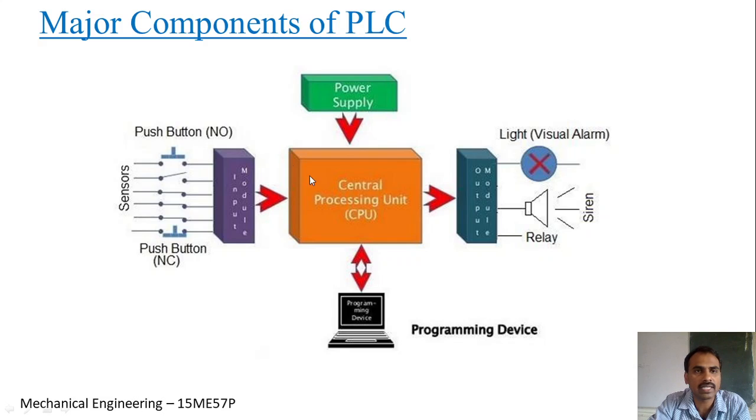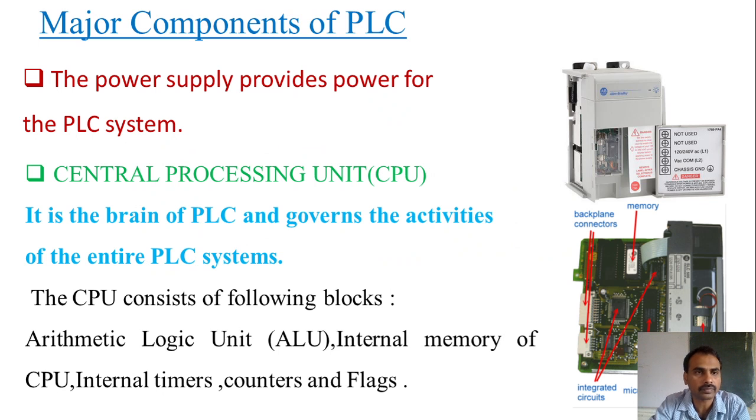Here you can see some of the major components of a PLC, which has a power supply unit, input and output modules, a CPU and a programming device. We'll see them one by one in the next few slides. First, the power supply unit.